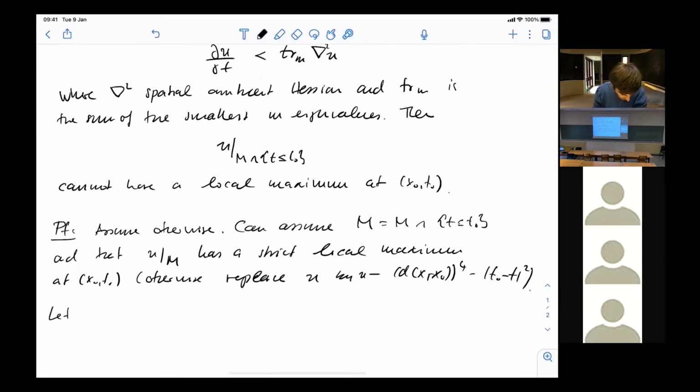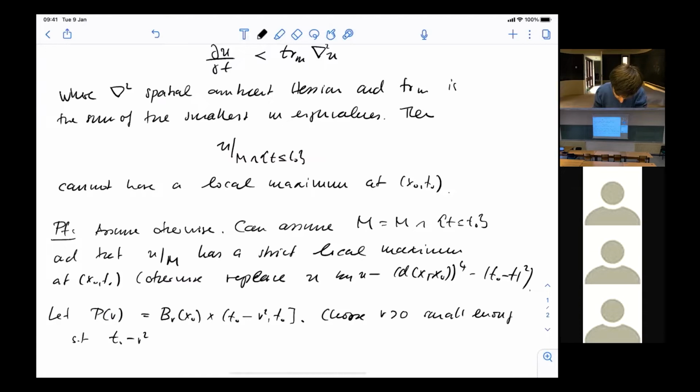Now we take P_r. This is the backwards parabolic cylinder of radius r at x0. So this is the ball of radius r at x0 cross (t0 minus r squared, t0]. Take the last time. Now choose r positive, small enough such that t0 minus r squared is past the initial time of the flow.